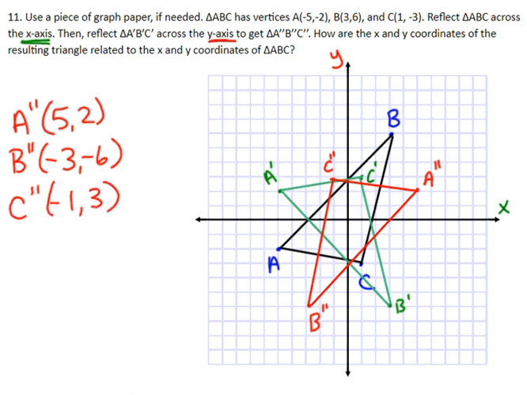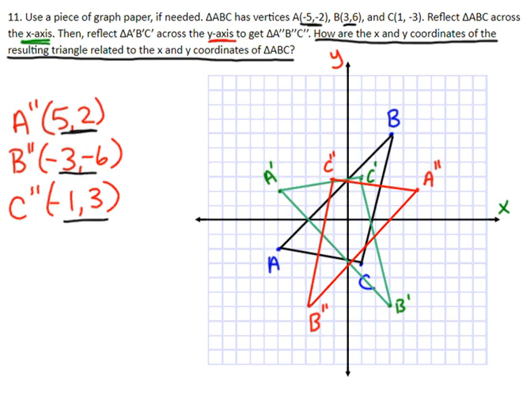And then we still need to go back and answer how the x and y coordinates are related to the original. And if you notice, this point here, this one here, both of them became positive. Here, both of them became negative. And here, the positive became a negative, and the negative became a positive.